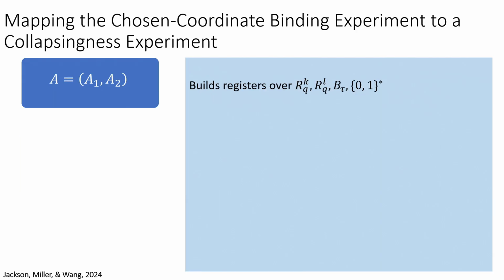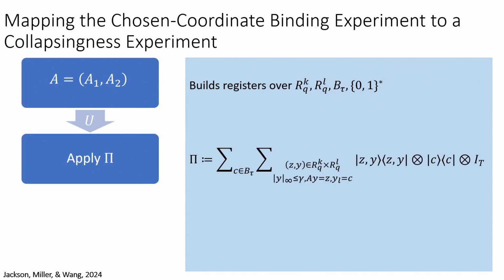Now, if we are given some algorithm A1, A2 that passes our chosen coordinate binding experiment, we can use this to build registers over our query, vector, and response spaces, as well as potentially some register over just auxiliary memory, which we'll note as an arbitrary length bit string.